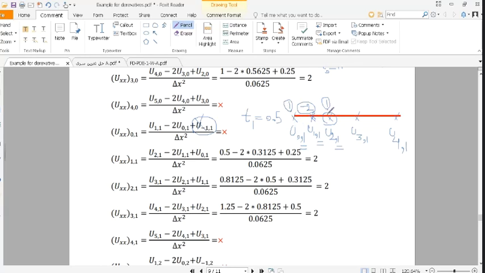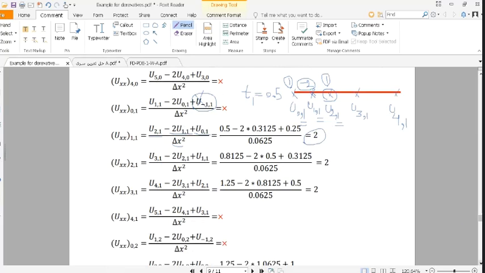That means U2,1 minus 2 U1,1 plus U0,1 over delta x squared. By replacing the values of u at these points, finally we obtain that this derivative is equal to 2.